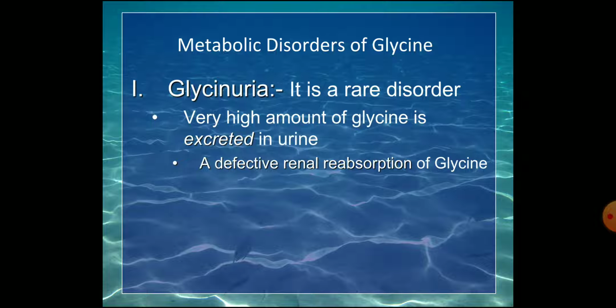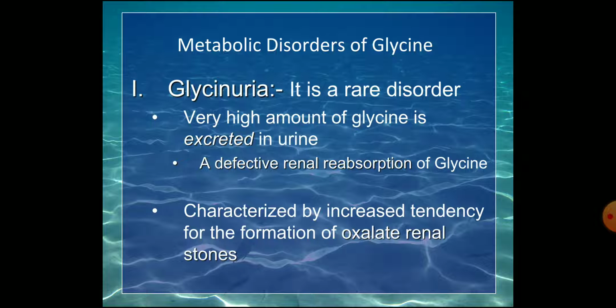Its main defect is the renal reabsorption of glycine, and it is characterized by an increased tendency for the formation of oxalate renal stones. The excretory product of glycine, oxalate as we have studied, will be excreted in large quantity through the renal tract, and it will produce renal stones.